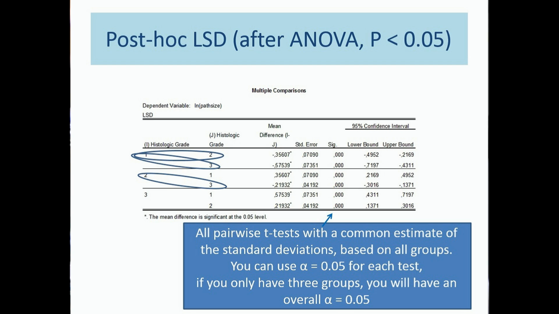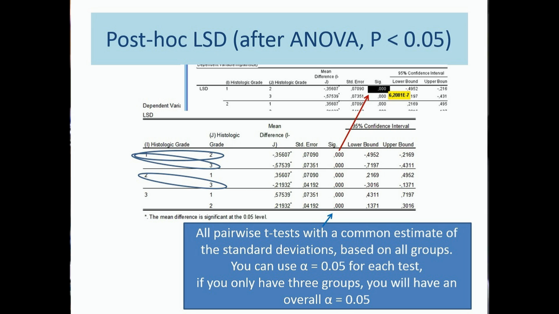All tests are performed using a common standard deviation based on all groups. The p-values are all very small, all smaller than 0.001. In the case of 3 groups, we can compare these p-values to alpha of 0.05, and we will conclude that all groups have significantly different means.